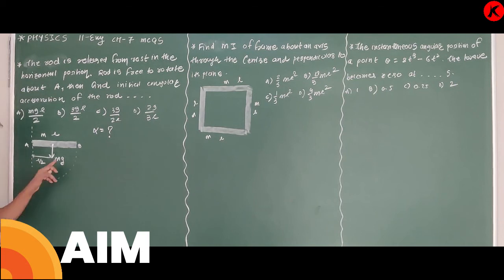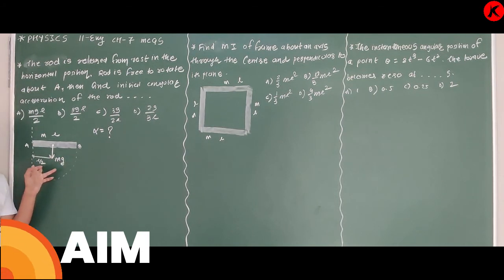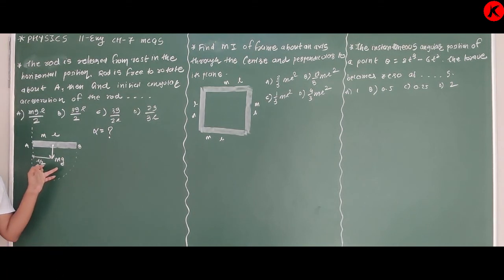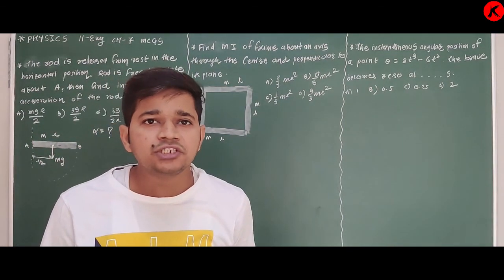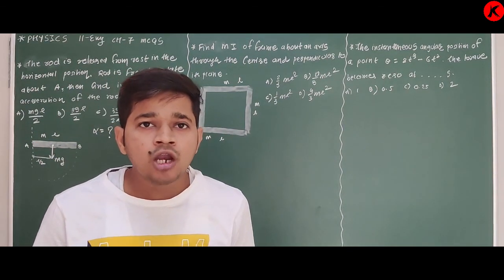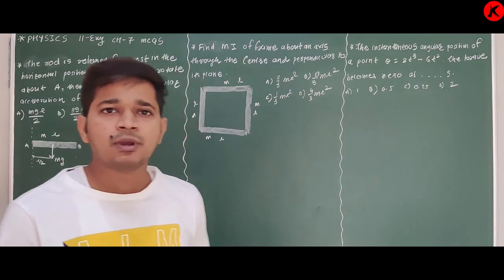So you have one force and one length, that is the perpendicular distance. From this you can say this rod is performing rotational motion. For rotational motion, what is required? Torque. Torque is equal to force into perpendicular distance.